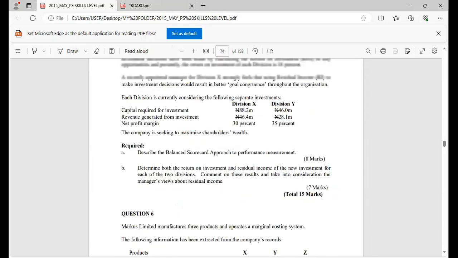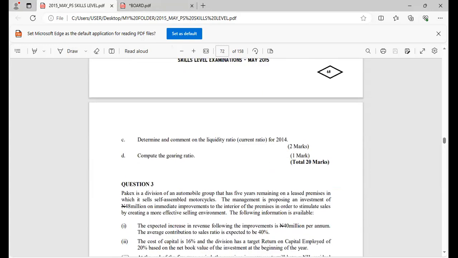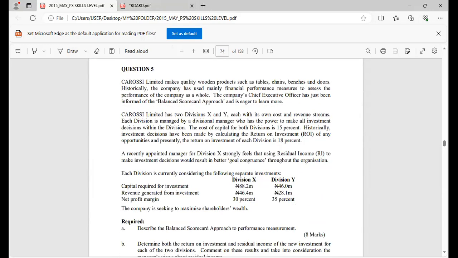May. Question 5. Can someone read for us? We'll look at 5B, as it relates to this topic. Let someone read for us.